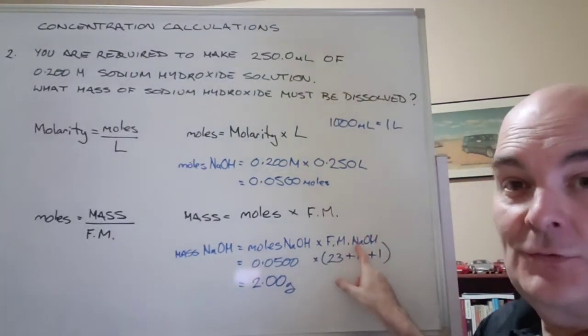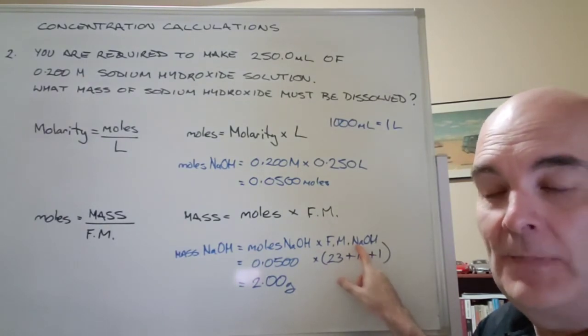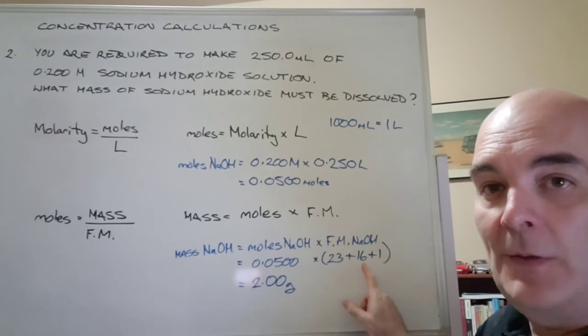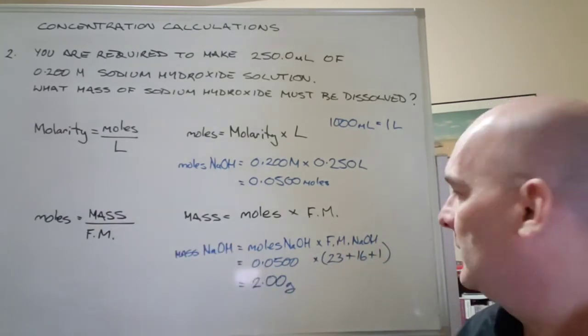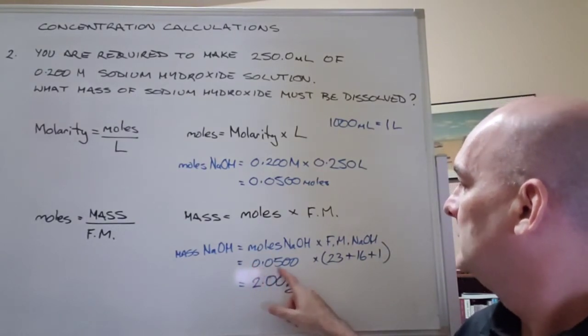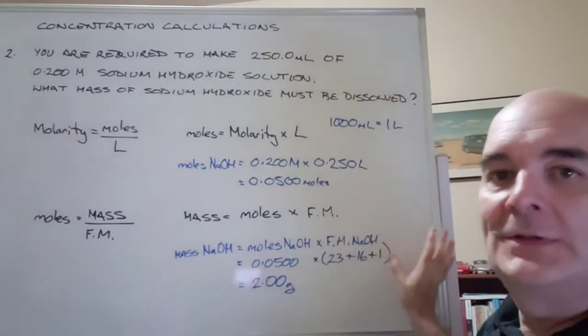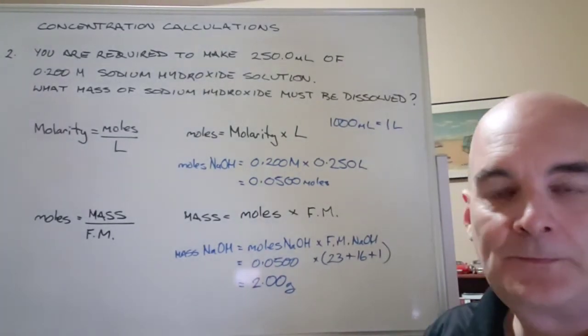That's a 23 from the periodic table for the atomic mass of sodium, a 16 for the atomic mass of oxygen, and a 1 for the atomic mass of hydrogen. That's 40.0 something. So 0.05 times 40.0 something gives me 2 grams.